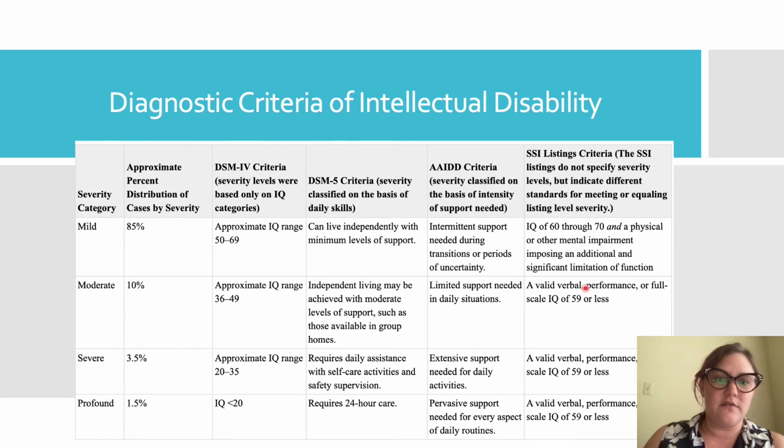For intellectual disability, not just borderline, it is a valid verbal, performance, or full-scale IQ of 59 or less. Verbal and performance are two parts of an IQ test, and full scale means considering both verbal and performance. But even if a person is higher on their verbal, if their performance is lower, they could still qualify, and vice versa.